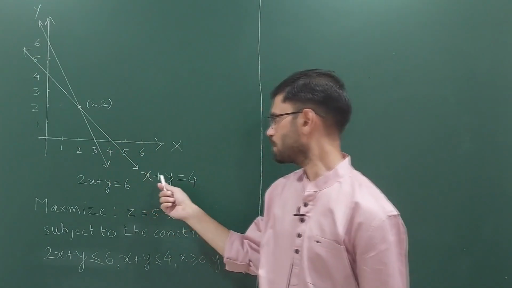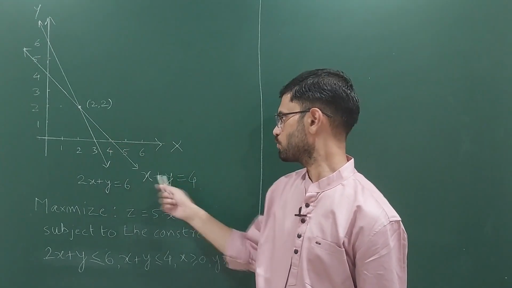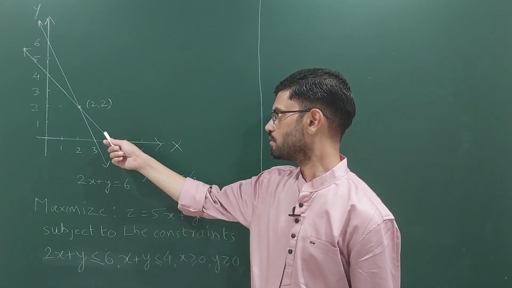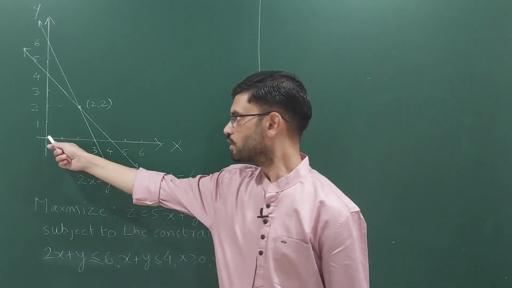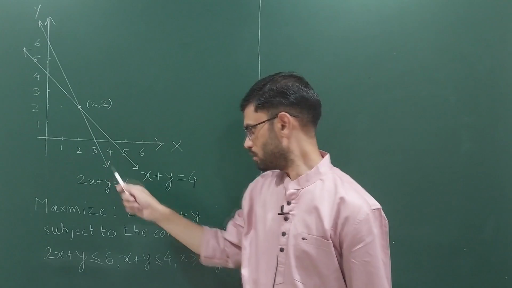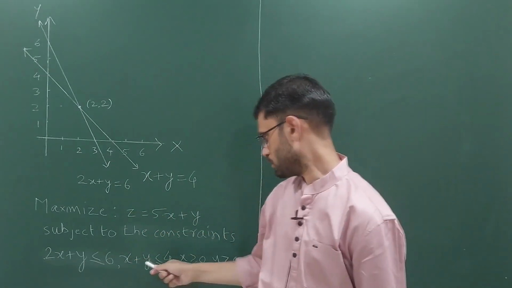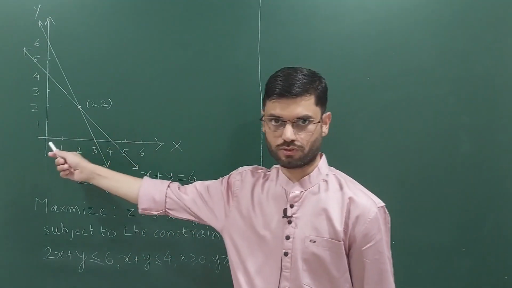Okay, so here I have drawn the corresponding diagram. So this is the line x plus y equal to 4, and the region that lies toward the origin represents this inequality, x plus y less than or equal to 4.